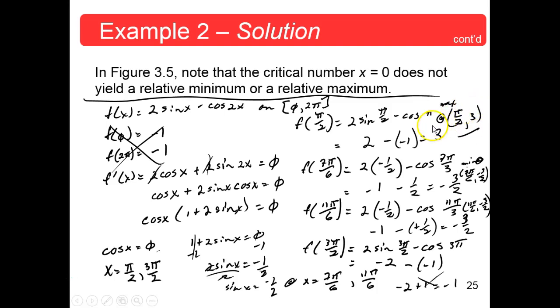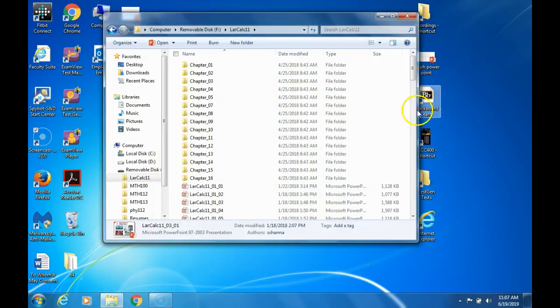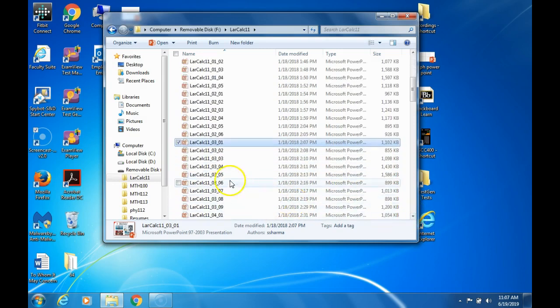Okay, I think we've got time to proceed to 3.2. Now, if you'll notice here, just since I got it up here, Chapter 3 is a little bit longer.